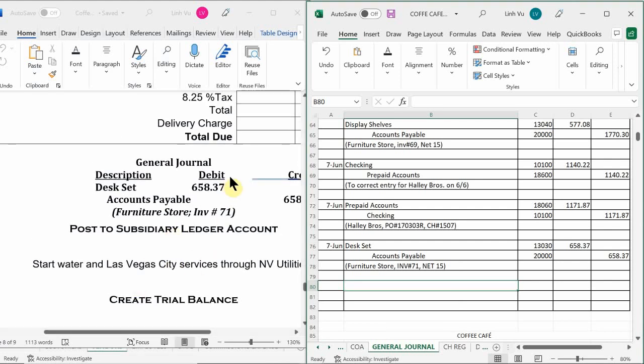Is this something I need to journalize? You haven't paid anything yet, so no. Good. All we did was start the water. The NV utilities turn on the water, and also we're going to start paying for Vegas City services.